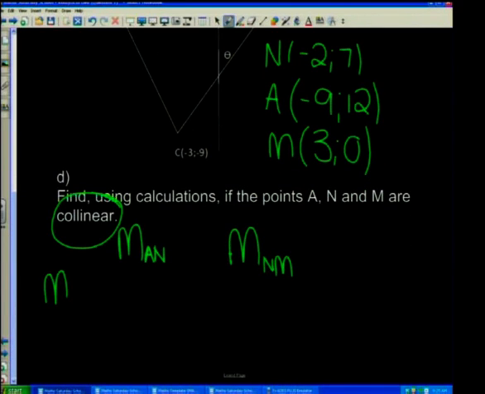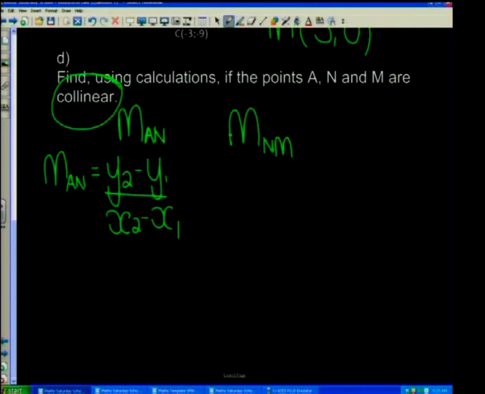Gradients from A to N. Change in y over change in x. So y2 minus y1 over x2 minus x1. Okay.